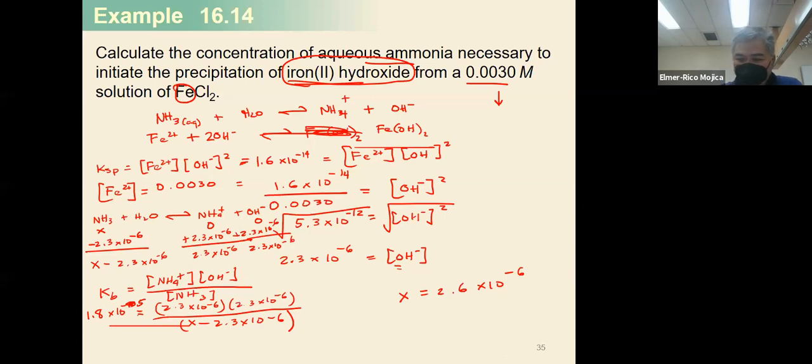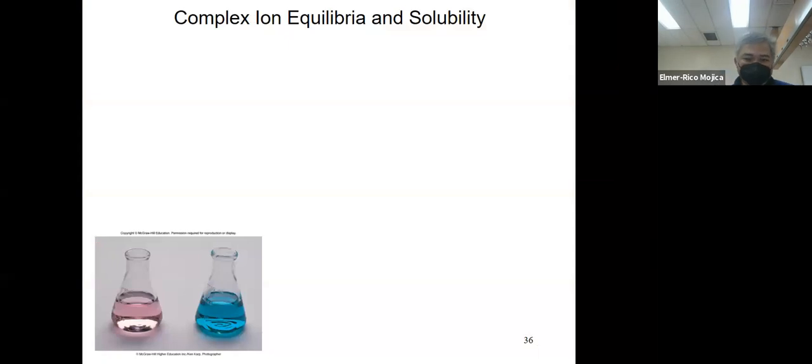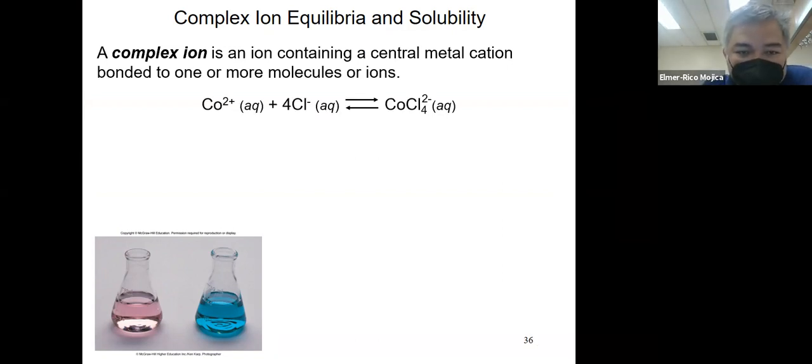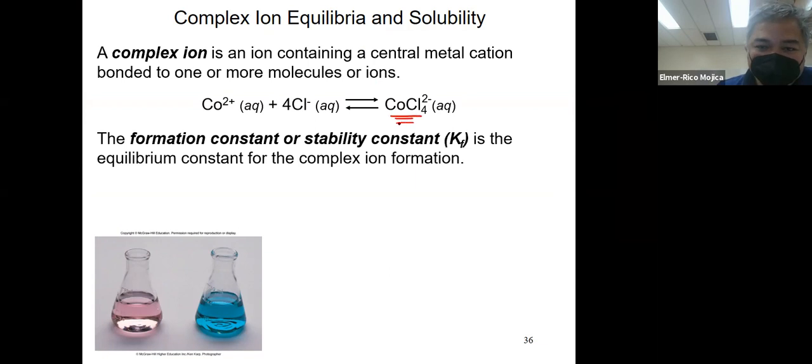Now, the last K that we have here in this part is this one, the complex ion equilibria. Now, unlike the other K that we have discussed before, when we talk about the complex ion equilibrium and the solubility, this happens when you form a complex ion.